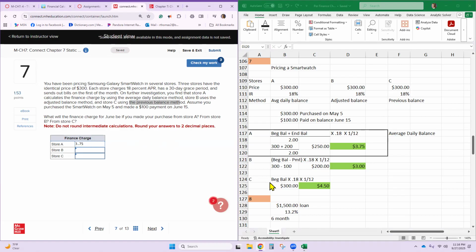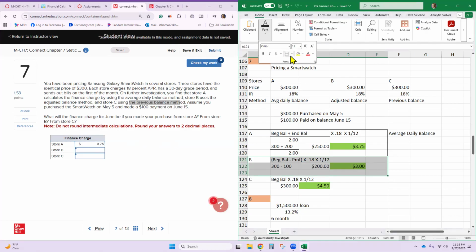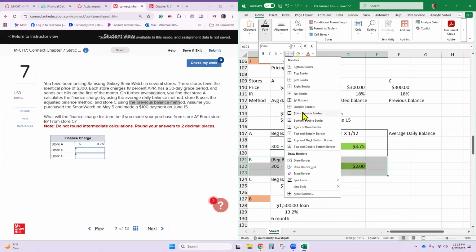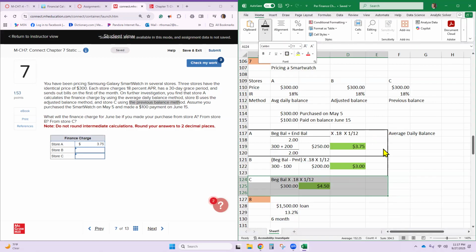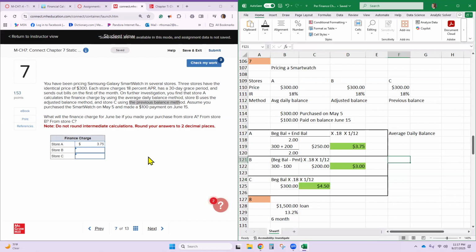Okay, now let's try the next one. And I will put a square around this one too. All right, and then I'm going to name them. I should have done that better, but that's okay. So this next one is called the adjusted balance method. Go ahead and put method.